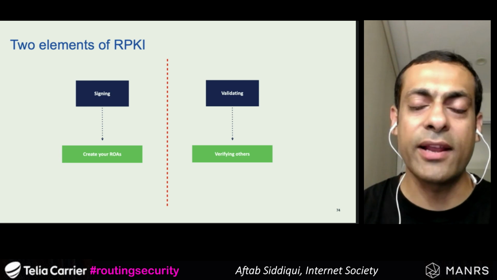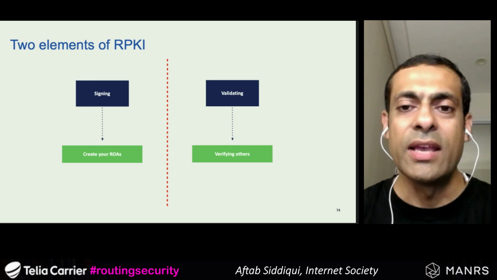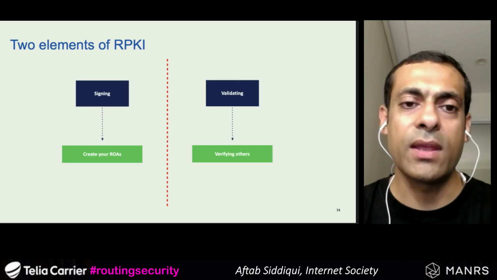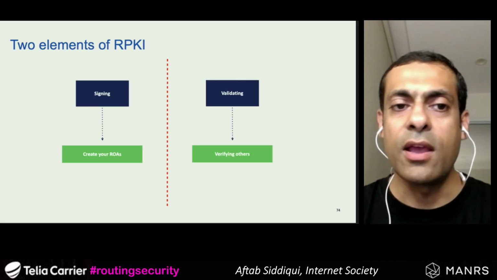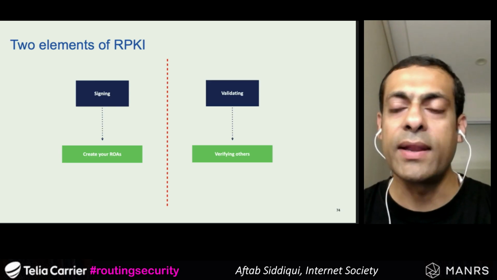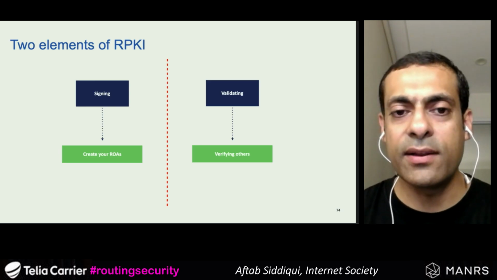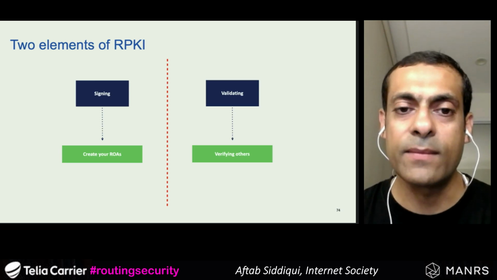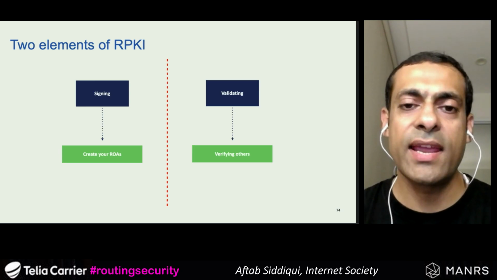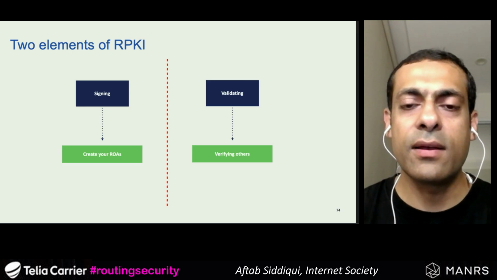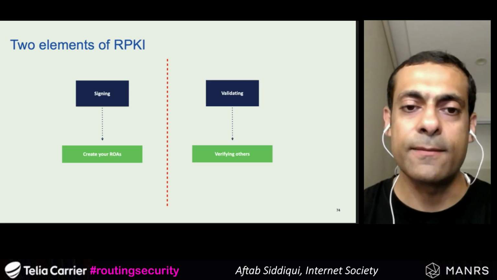This ASN is authorized to advertise this route. So that was the certificate or the ROA, route origin authorization. Once that is done, then you move to the validation part, right? If the world has created ROAs for all the routes they are announcing, it is easier for me to validate that I will only accept if the ROA is valid.